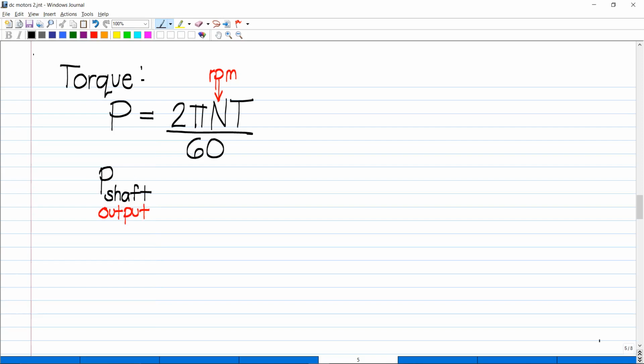So ibig sabihin pala kung tayo ay maghahanap ng torque na nasa shaft, ang gagamitin nating power is the output power of the motor. So sulat lang ulit natin yung formula, 2π times the speed, and yung torque na natin dito is the torque na nasa shaft and then divided by 60.